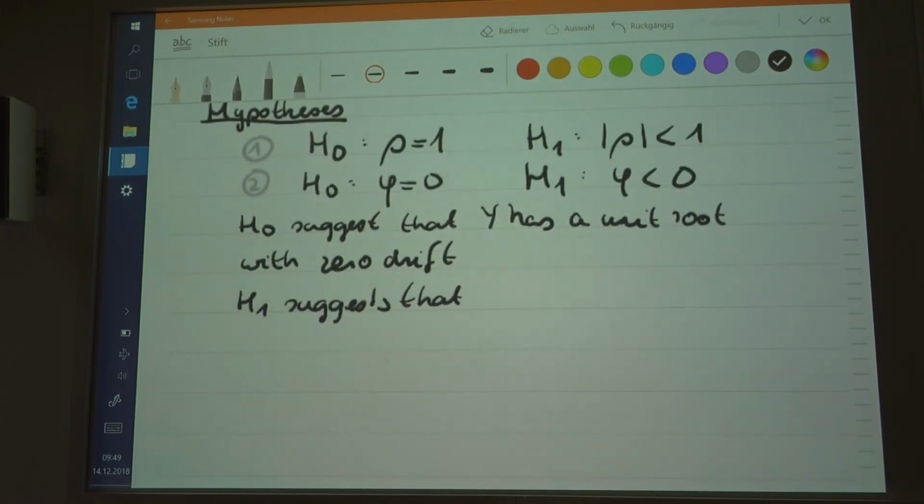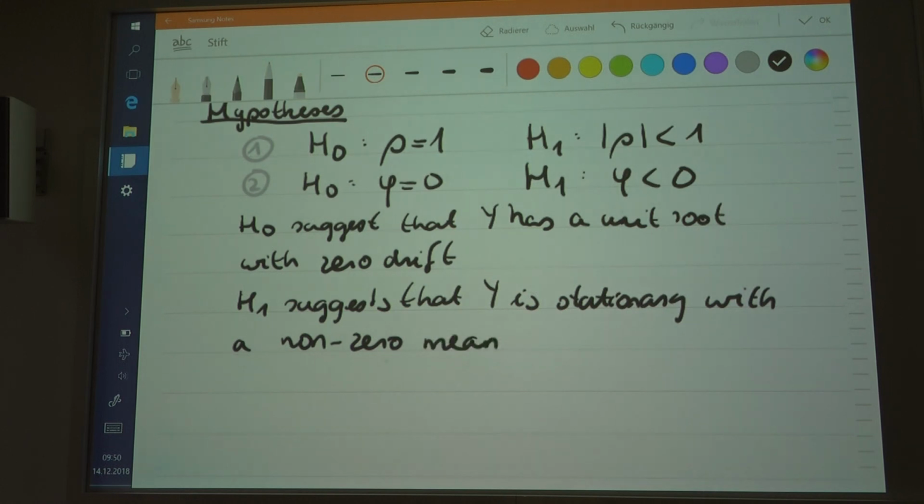So the alternative hypothesis would suggest that y is stationary with a non-zero mean. So the mean will not be equal to 0.